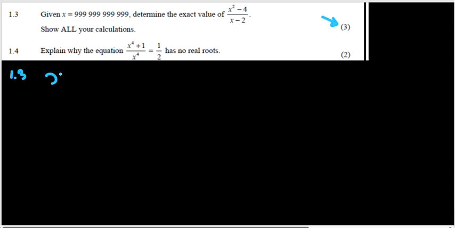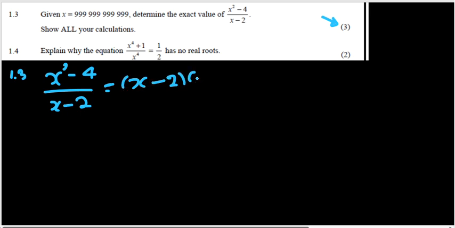You know that (x squared minus 4) all over (x minus 2) is nothing but (x minus 2)(x plus 2) all divided by (x minus 2).